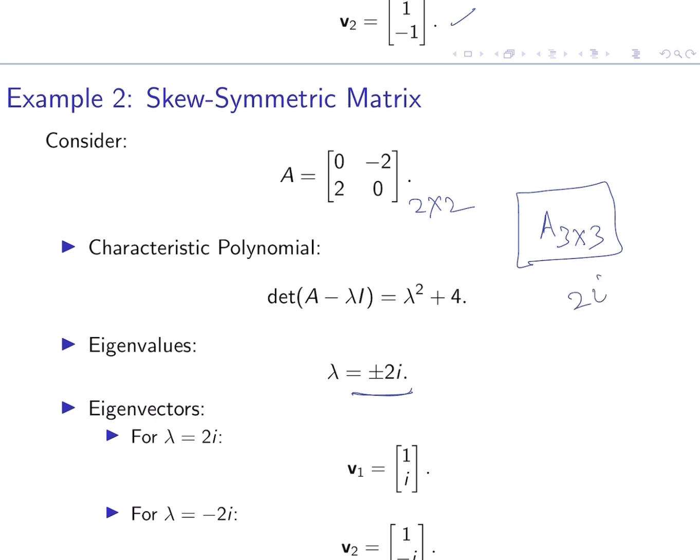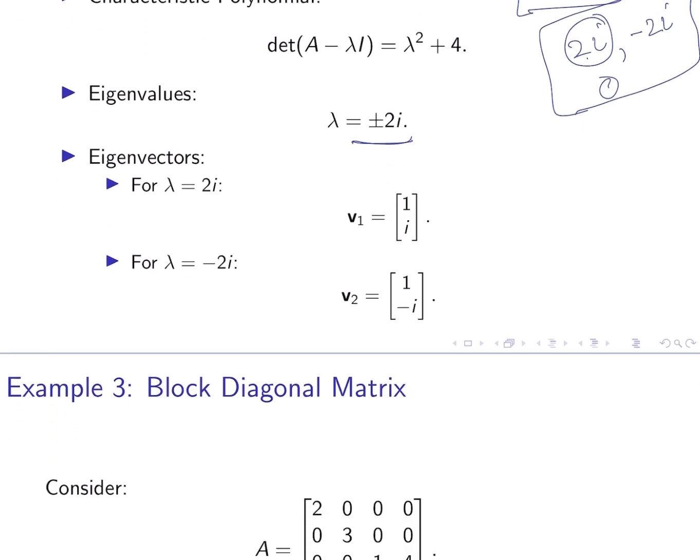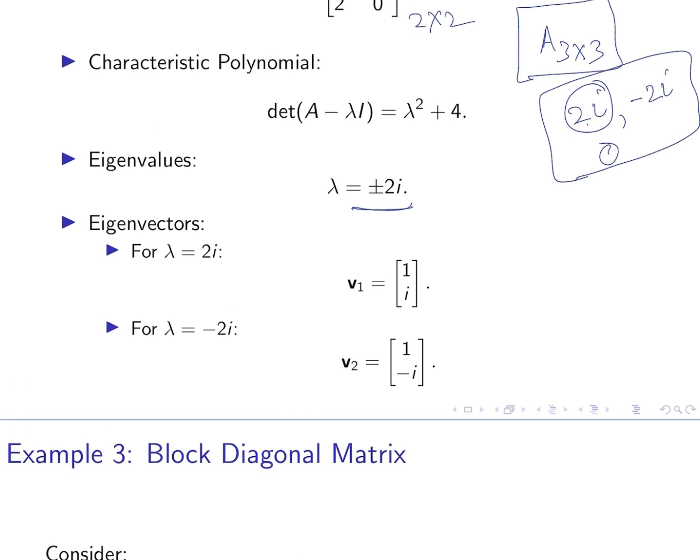What are the other possible roots? So 2i, complex roots exist in pairs, right? So minus 2i will be another possible eigenvalue. And since roots occur in pairs, one root is left over, so we can write 0. So these are the possible roots for the given matrix. Okay. Similarly, you will get the eigenvector corresponding to it.